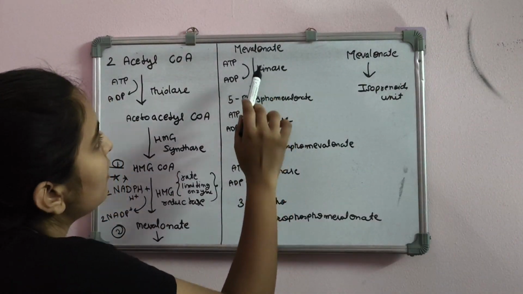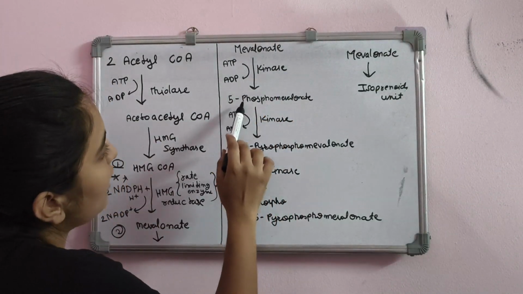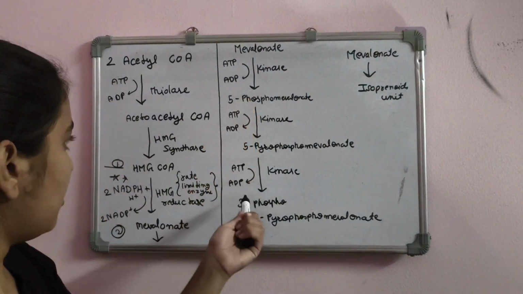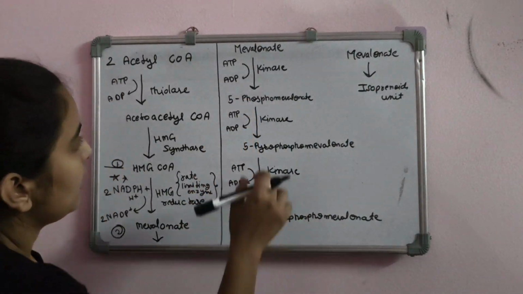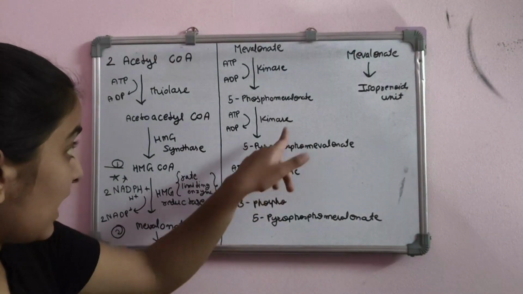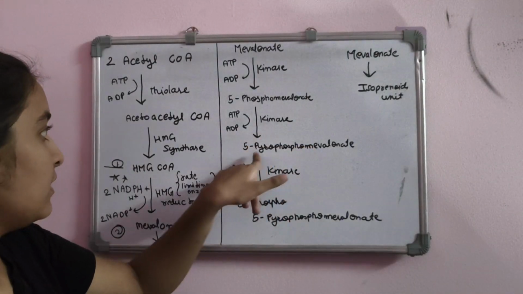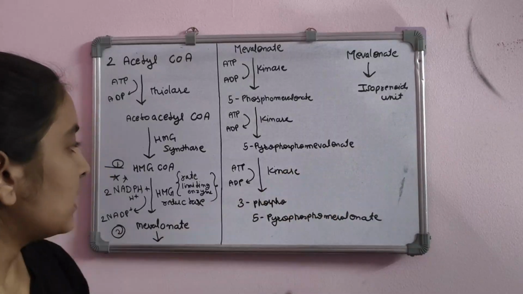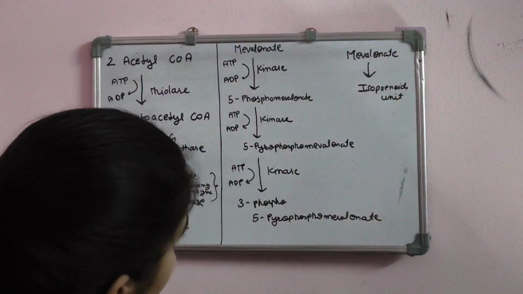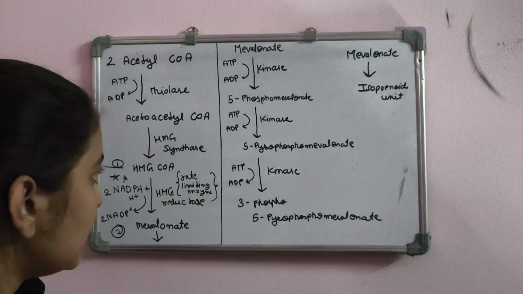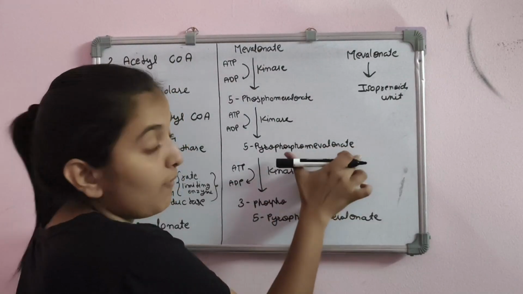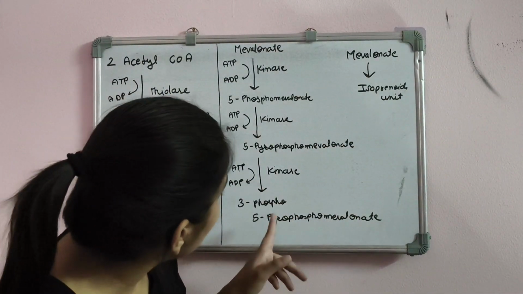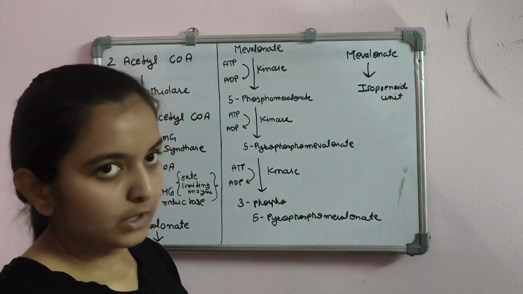Then from mevalonate kinase, 5-phosphomevalonate is formed. Again, ATP is common in every step. Then 5-phosphomevalonate kinase is the enzyme, and it forms 5-pyrophosphomevalonate. Again with the help of the enzyme kinase, pyrophosphomevalonate kinase, it forms 3-phospho-5-pyrophosphomevalonate.